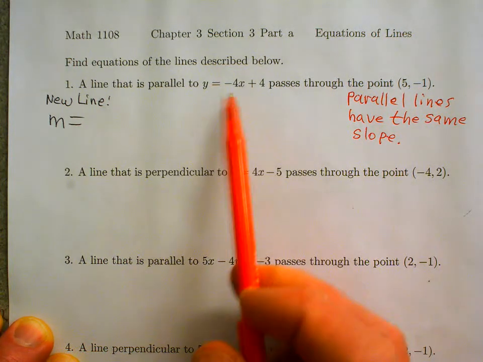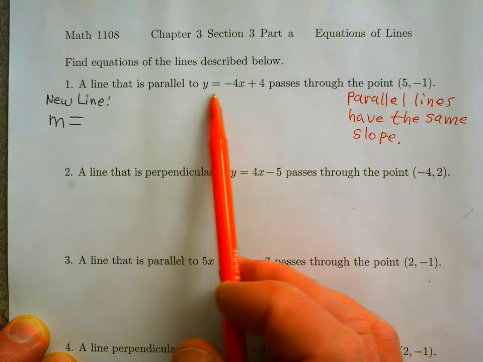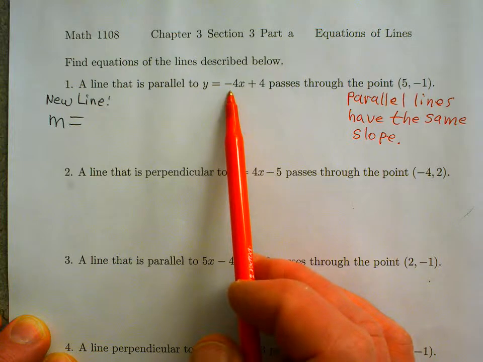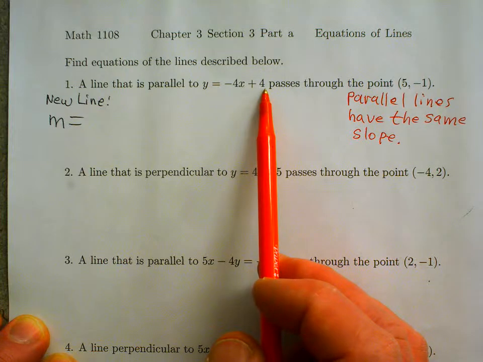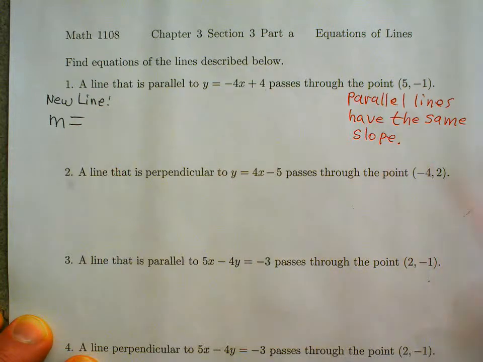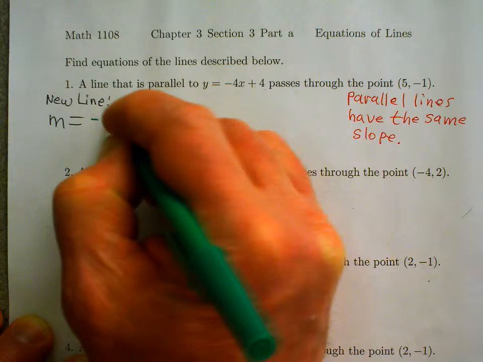The given line is in the slope-intercept form, y equals mx plus b. So the given line has a slope of -4, right? The new line that's parallel will have the same slope. So the new line has a slope of -4.